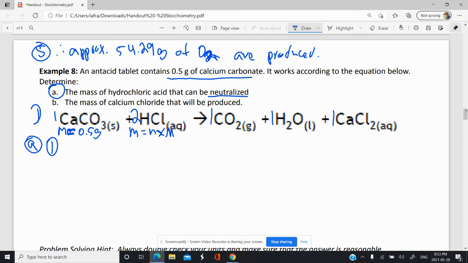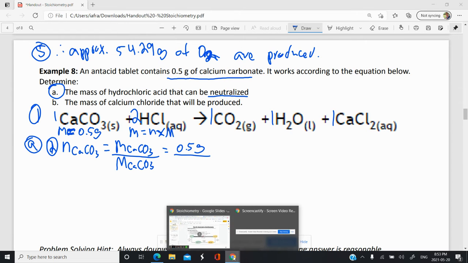So first we have to convert. Step 1, making a balanced equation. Step 2, we have to convert the mass of calcium carbonate into moles of calcium carbonate. So moles of CaCO3 is equal to the mass of calcium carbonate over the molar mass of calcium carbonate. And so we would get 0.5 grams over the molar mass of calcium carbonate.